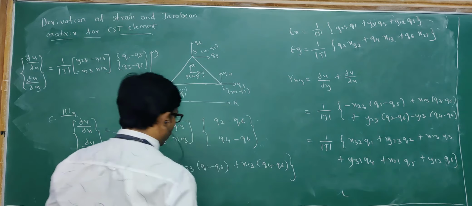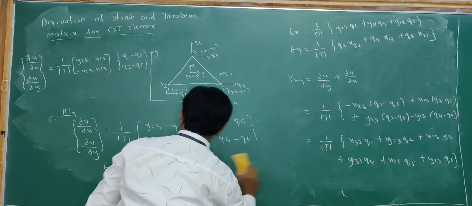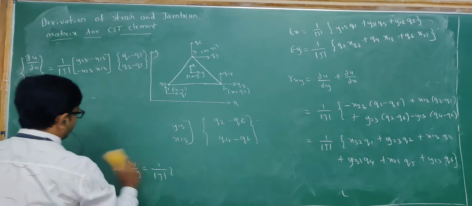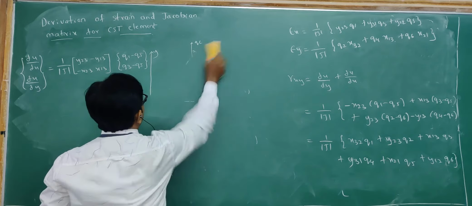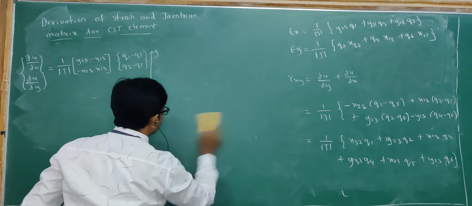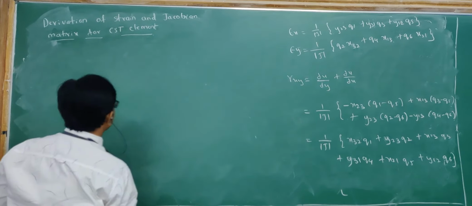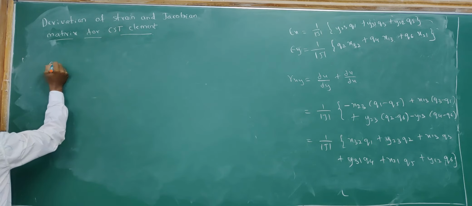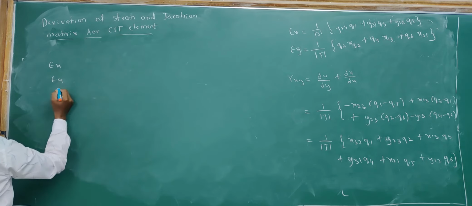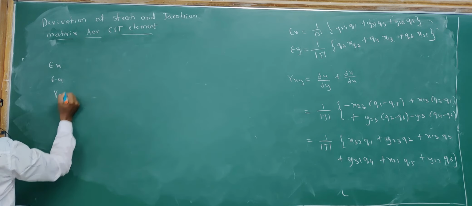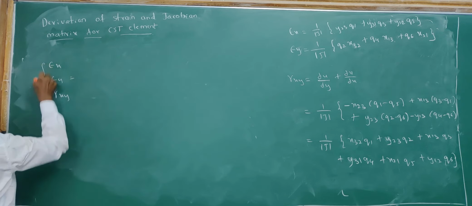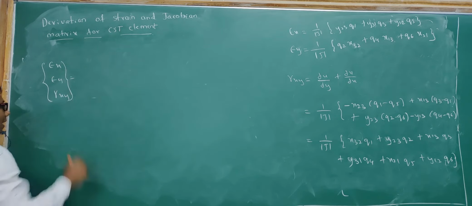If I want to write it in a matrix form, I want epsilon x, epsilon y and gamma xy. This is the matrix which I require.